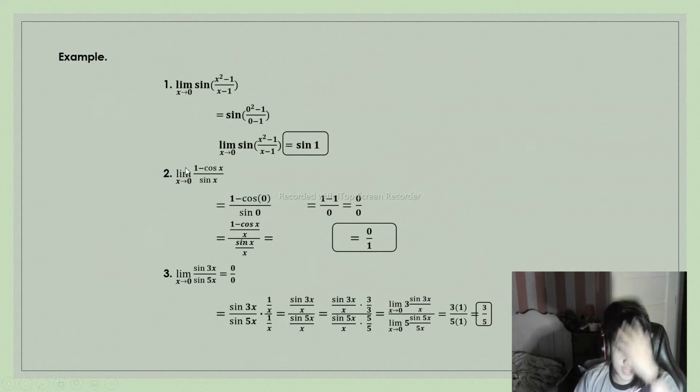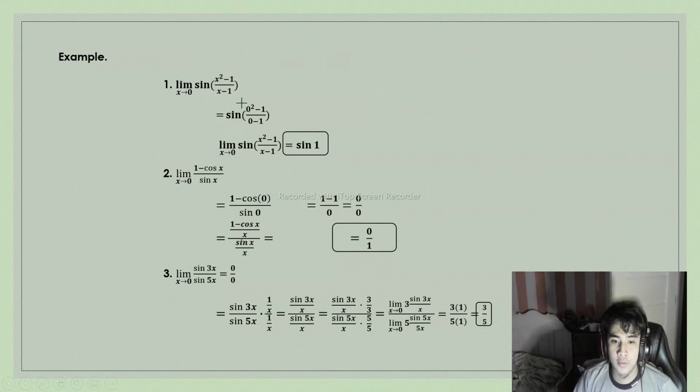So, let's have an example regarding our limit theorem of trigonometric functions. So, we have limit of sine quantity x squared minus 1 over x minus 1 as x approaches 0. So, una, substitute natin yung value ng 0 sa corresponding variables natin na x.